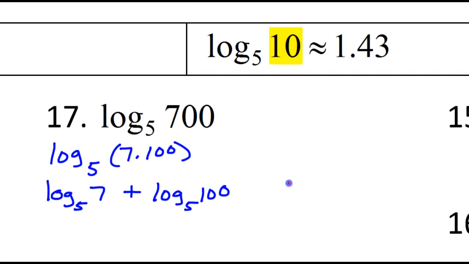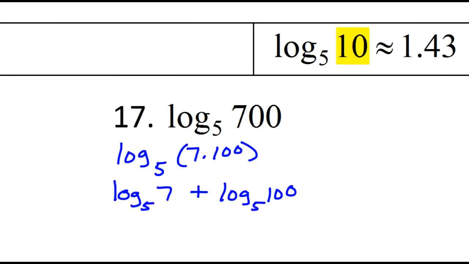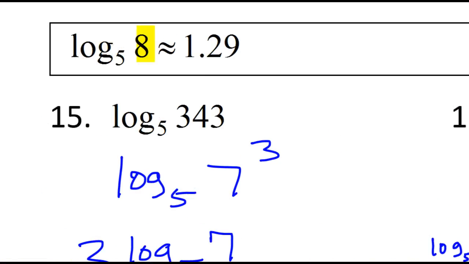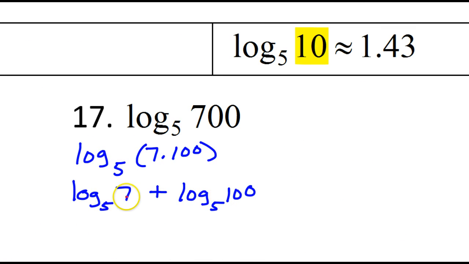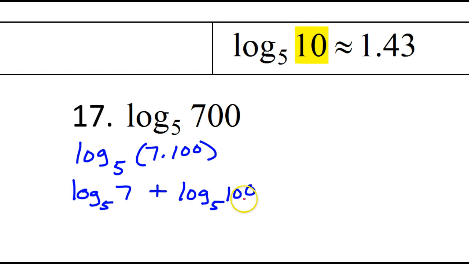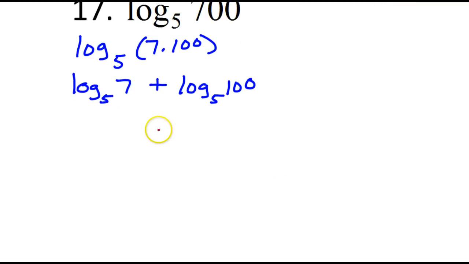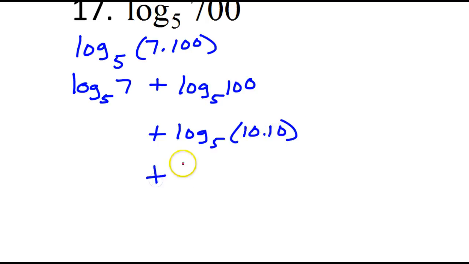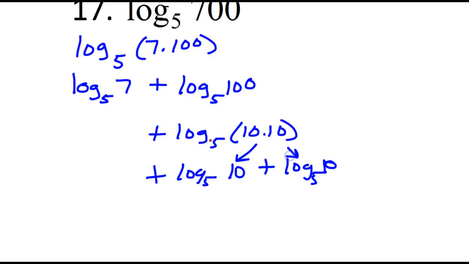There are 3 numbers I'm allowed to have: 10, 7, and 8. Right now I have the 7, so that's good. But I have this 100, that's not one of the 3. But I can rewrite 100 using the 10. So I have a choice. I could write this as log base 5 of 10 times 10, and then split this up as log base 5 of 10 plus another log base 5 of 10, using the product property.